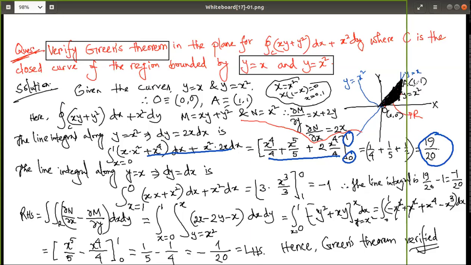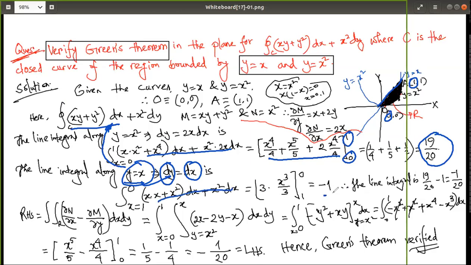Then the other curve is y equal to x, then dy equal to dx, and x varies from 0 to 1. We solved this one in our live session. We put y equal to x in the main integration, and this is a simple integration.